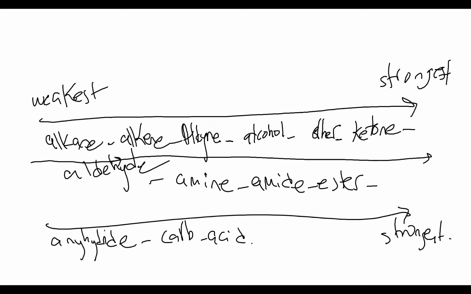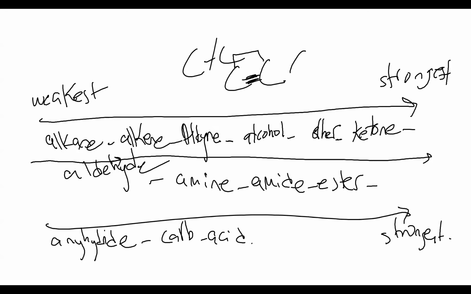Okay, so if we start from the weak to the strong, alkane is so easy to break. Alkene has a stronger bond, and these two atoms are so close to each other. When they are so close, it's super hard to break them.